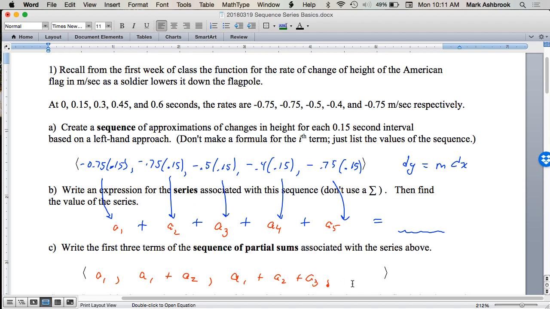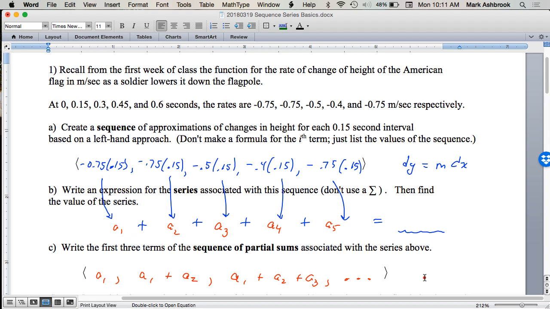Just showing 3 terms is enough to see whether you got that or not. Of course, the fourth one would be A1 plus A2 plus A3 plus A4, and then the 5th term would be the same as the series. It would be the sum of all 5. Okay, questions so far? Anybody have a question?